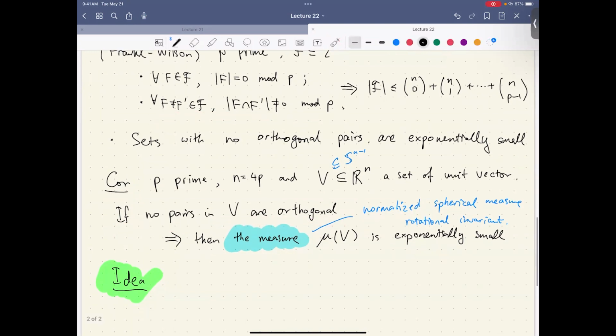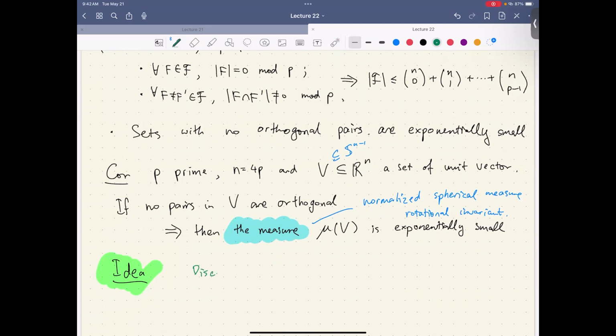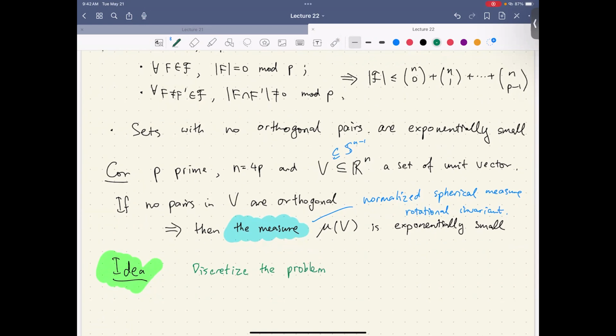Okay, so let me write down the idea. We're going to discretize the problem, using a random observation group for comparison. This will be the rho V, rho L below in the proof.